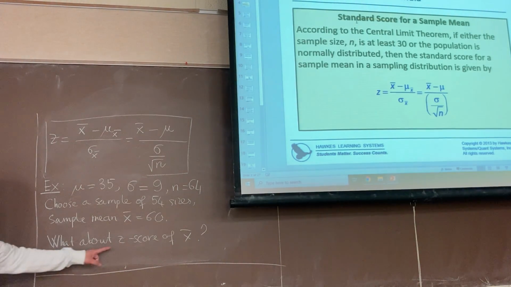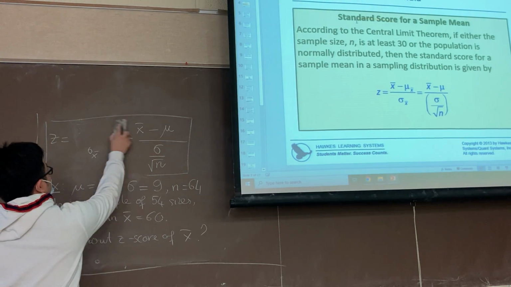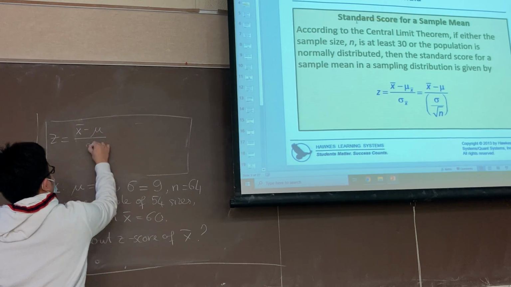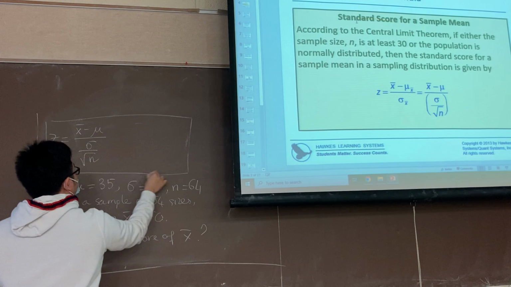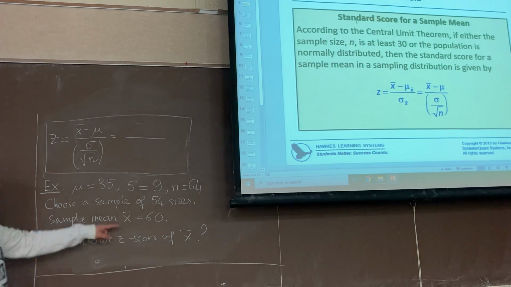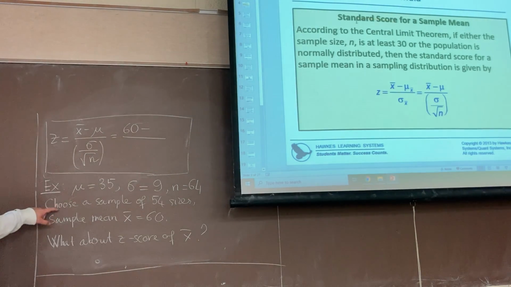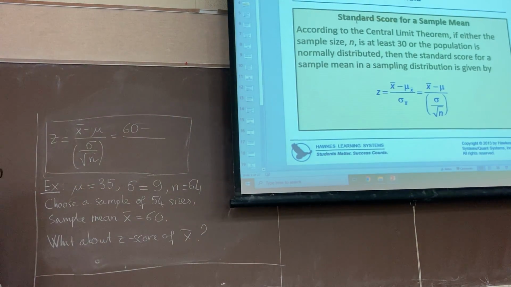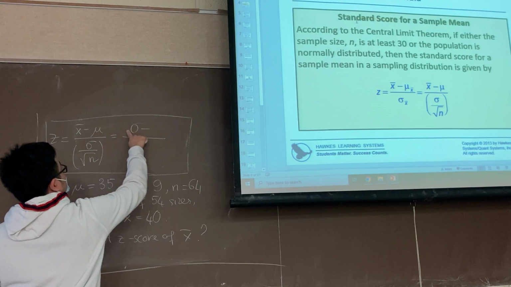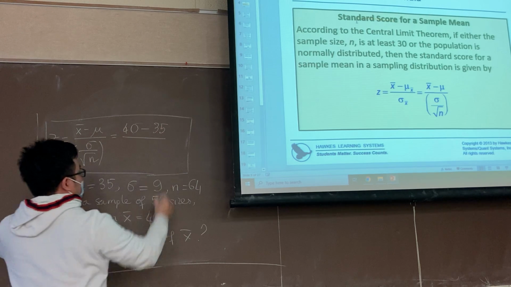How to do that? Now I will apply this formula: x bar minus mu over sigma over square root of n. X bar here is 60, minus mu, which is 35.